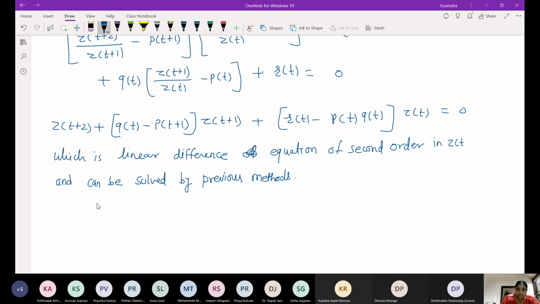z of t can be solved by previous method to obtain z.